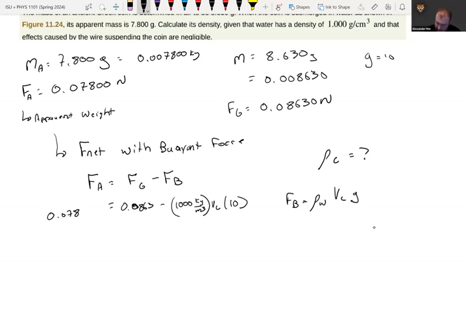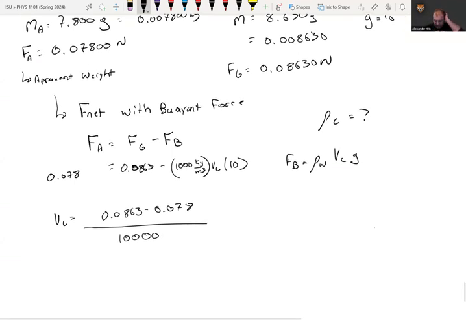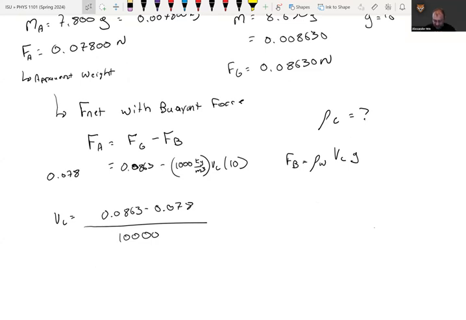All right. Now we can solve for V sub C, and I'm going to do the algebra really quick. What it ends up being is 0.0863 minus 0.078, divided by 10,000, give or take. Or it would be 9,800 if you're using g equal to 9.8. Now, what does that end up being equal to?